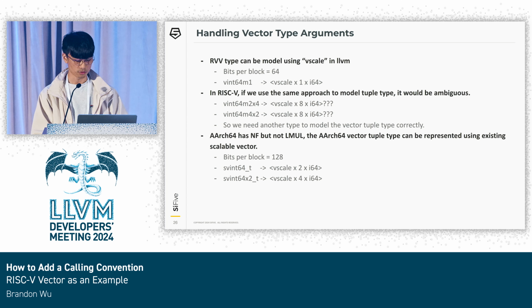However, this approach would be ambiguous between the type V64M2 times 4 and V64M4 times 2, because the total number of vector registers is the same. So we are not able to identify whether it's LMUL 2 NF 4 or LMUL 4 NF 2. SVE also has the NF concept, but it doesn't have LMUL, so the current mechanism is sufficient for SVE.